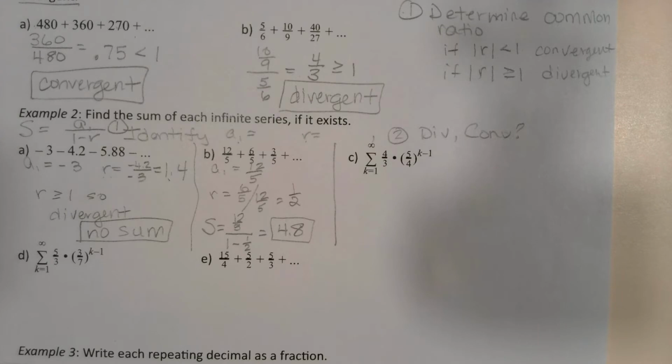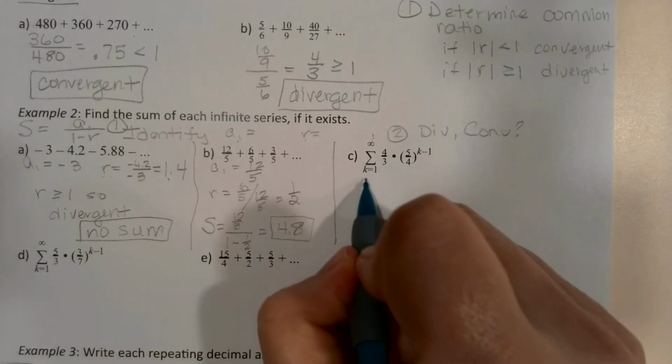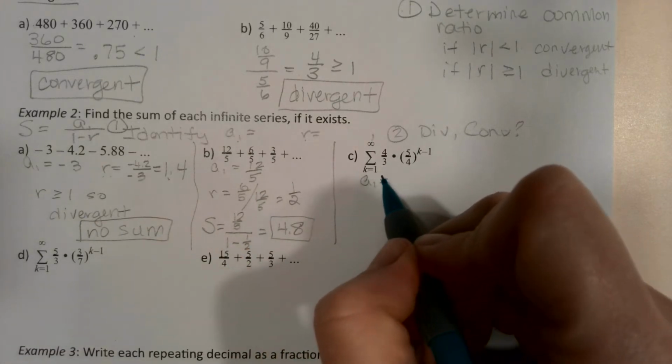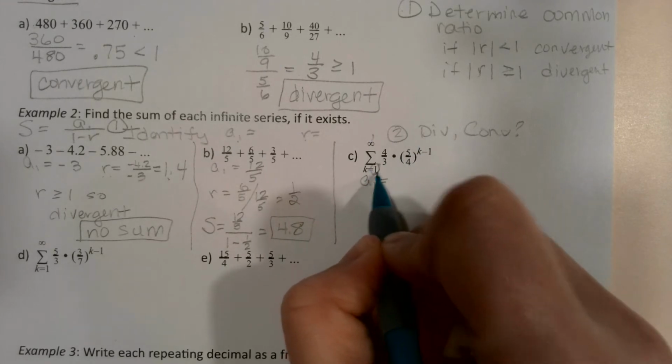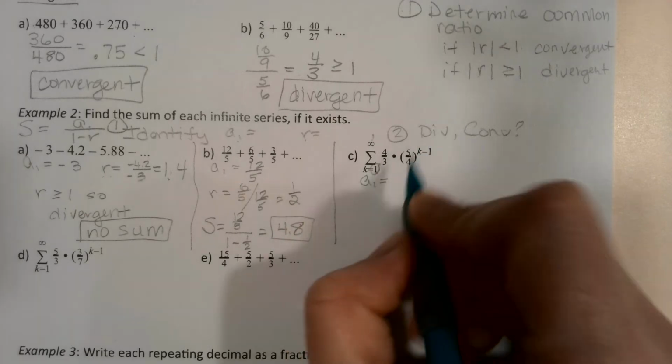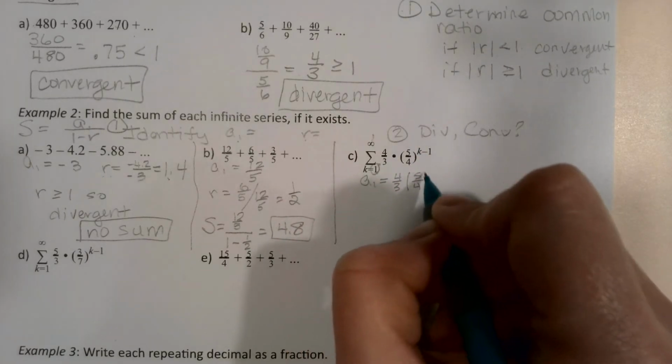All right, we are going to have some that come with this sigma notation. So we got to remember where to find a sub 1 and R. Okay, a sub 1 happens when we plug in the first value. It's not 1. We have to plug in that 1. So we will get 4/3 times 5/4.